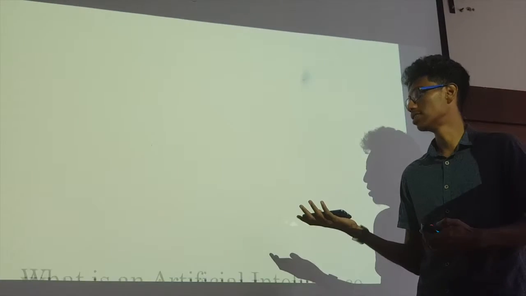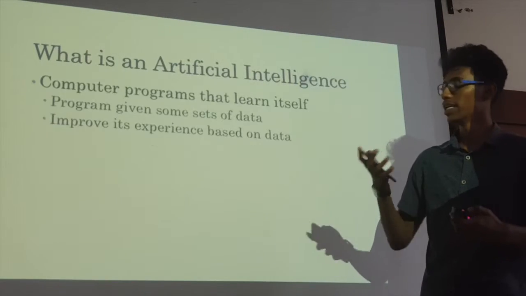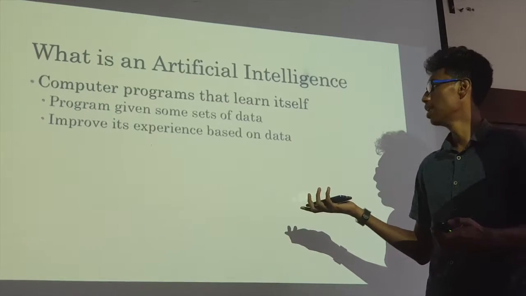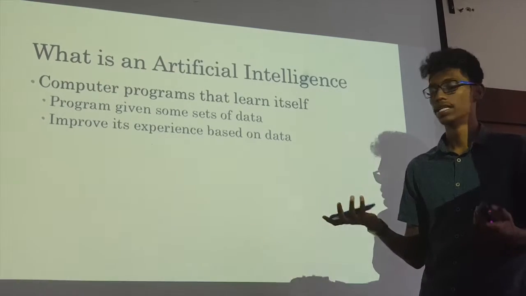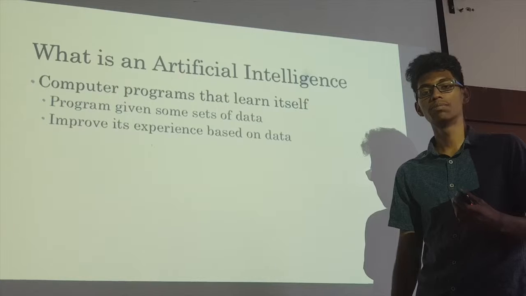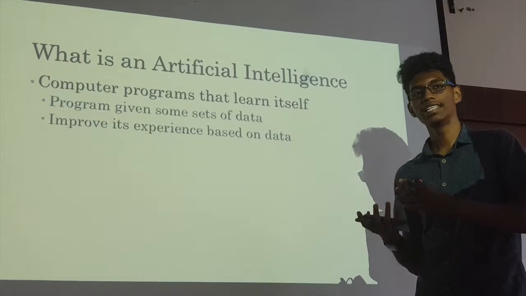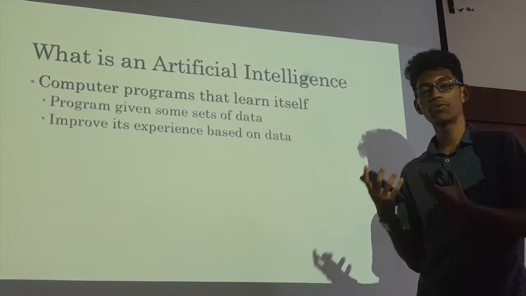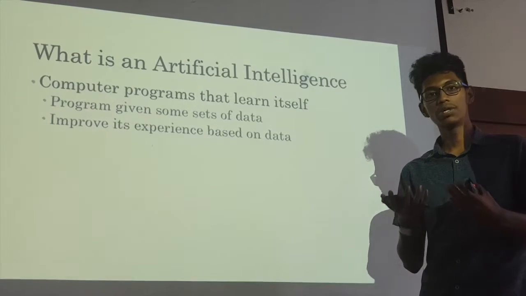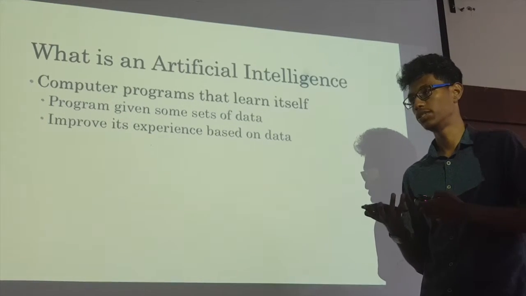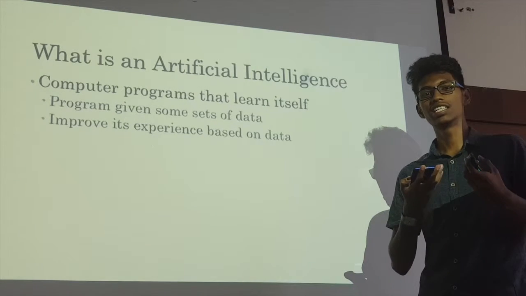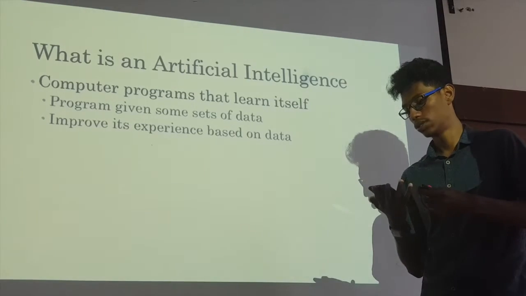So what is actually an AI? AI is a computer program that learns by itself. The program is given some subset of data from the user, and it improves its experience based on the algorithm given in the program.